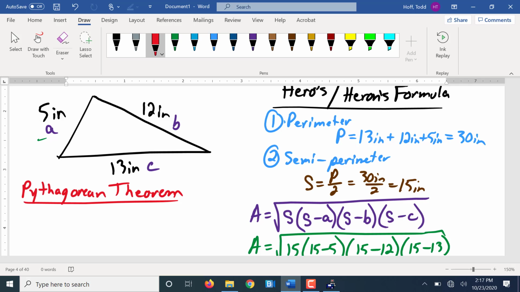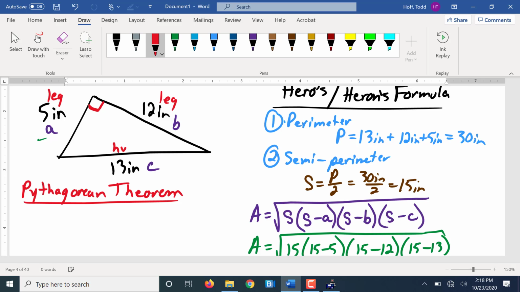So the Pythagorean theorem says if you have a right triangle, the two legs, now the legs are the two shorter sides. They're also the two sides that make the right angle. Think of a right angle as an L, so the two sides that make the L are the legs.